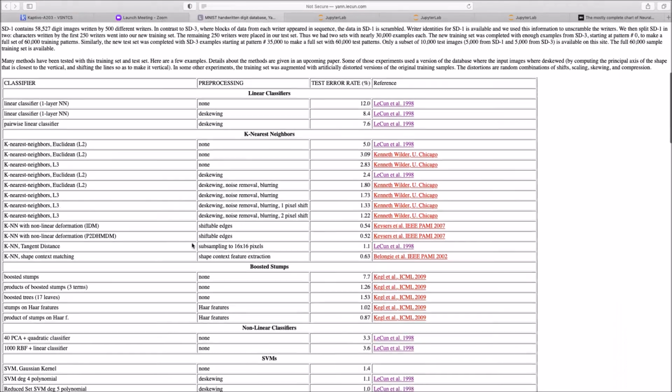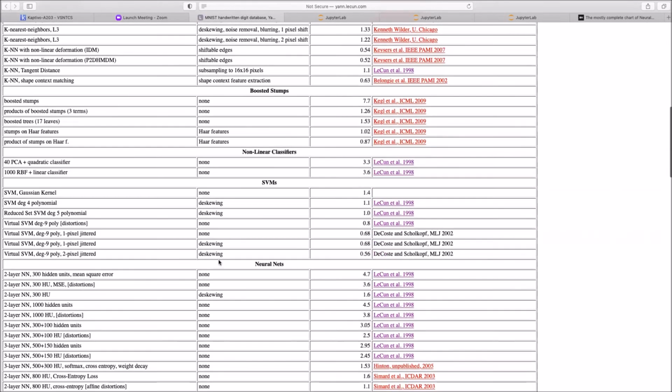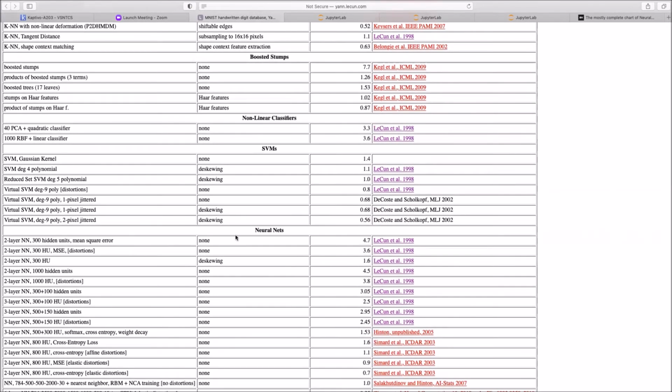And this is a list of other people's experiments with different classifiers and their test error rates. This is the neural networks: we have two. This one is a 2-layer neural network with 300 hidden units. It also used the mean square error, and it has about a 4.8 error rate. This was done around 1998, so a long time ago.